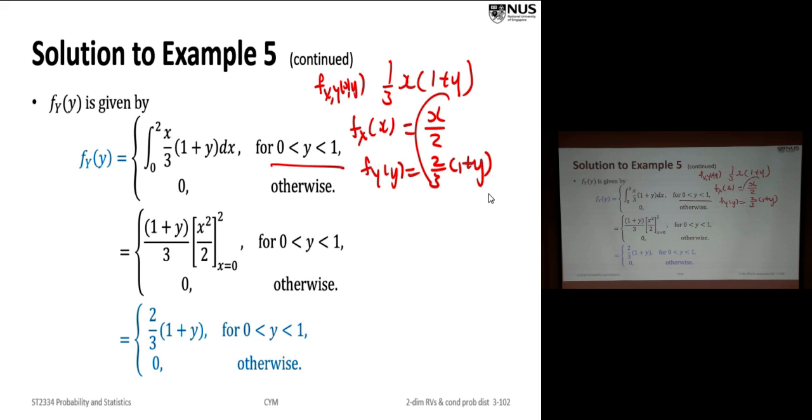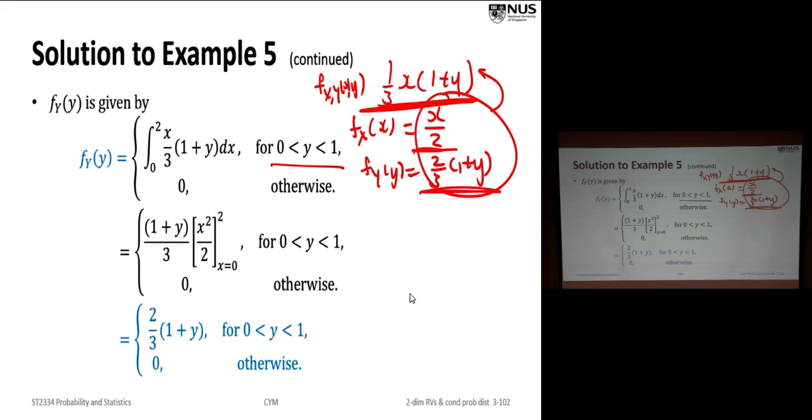Then you can see that the product of these two will give you this one. So the joint distribution is equal to the product of the two marginals. Not only that, the space is a rectangular shape. So the region for which this joint distribution equals this expression comes from these two components: the x region for which this is defined, and the y region for which this is defined.